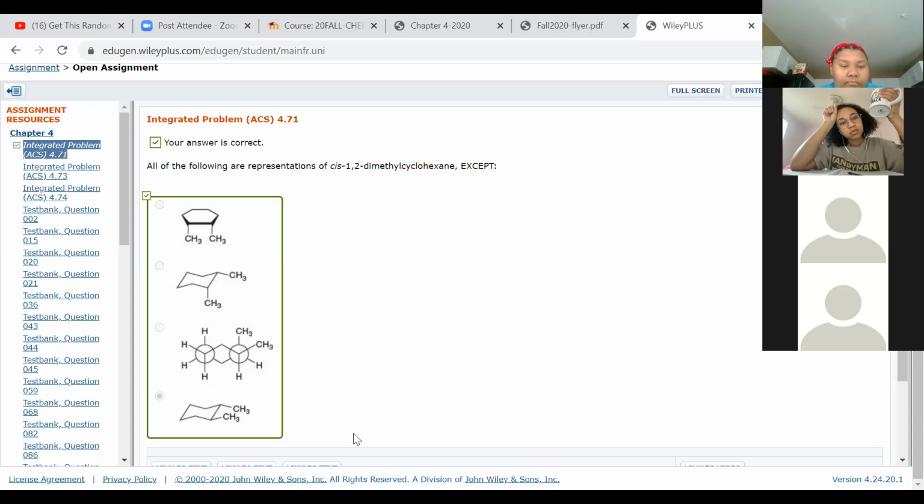So that's the only thing I can think of that's different about that one. Because of that strain, it's not going to be a stable representation. So maybe that one just does not exist in nature because of that. That's the only thing I can think of.